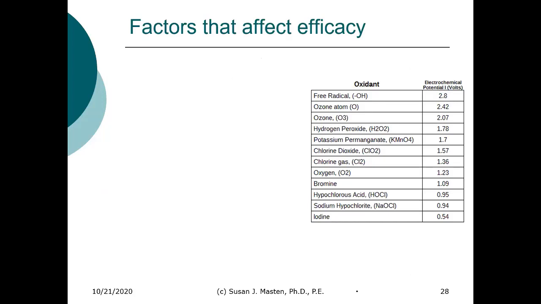So in terms of what factors affect efficacy, and here we're looking at chemical disinfectant. What I have here is a list of various oxidants, and you see ozone is right here. Hypochlorous acid is down here. Hypochlorite is here.